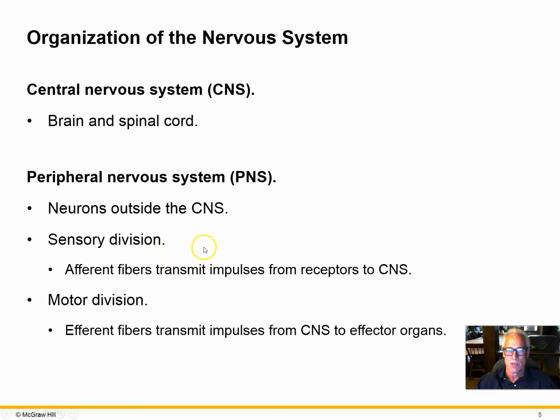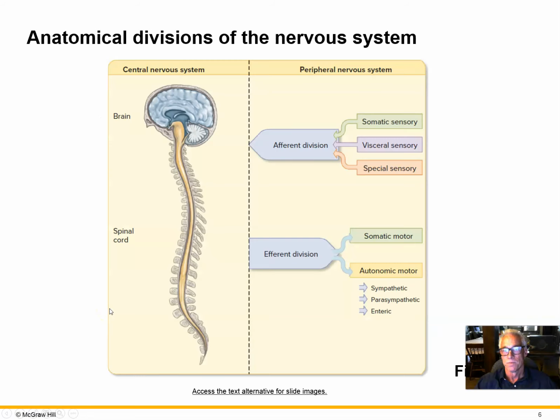These sensory divisions bring information in to the central nervous system. Those are called afferent divisions. Afferent means incoming, and efferent divisions are called motor divisions. They carry information out. So sensory divisions bring information in. Motor divisions send commands out to control the body.